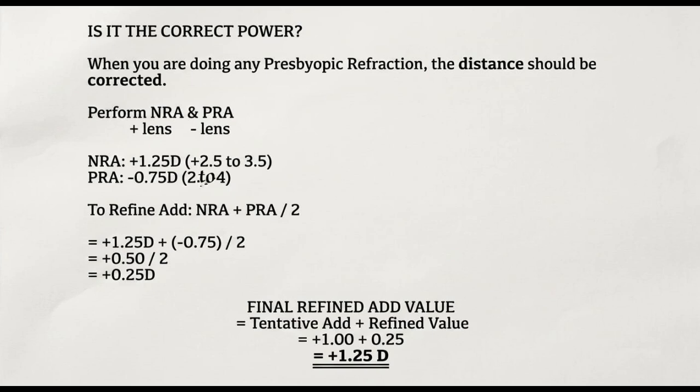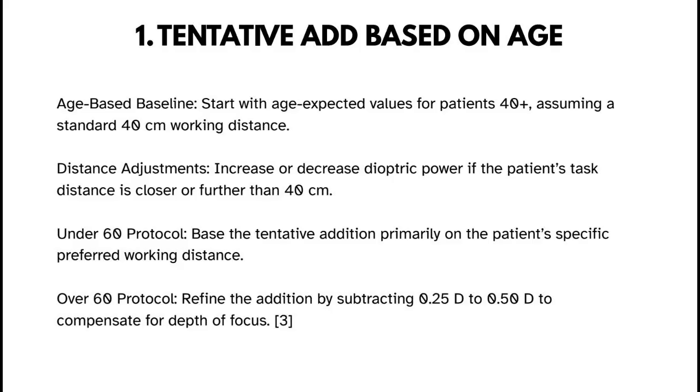So 1.25 plus minus 0.75 divided by 2 will be plus 0.5 divided by 2, which is equal to plus 0.25. So the final refined add value will be tentative add plus refined value, which will be plus 1 plus 0.25, equal to plus 1.25 diopters.